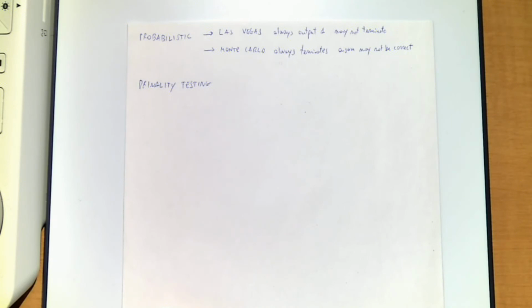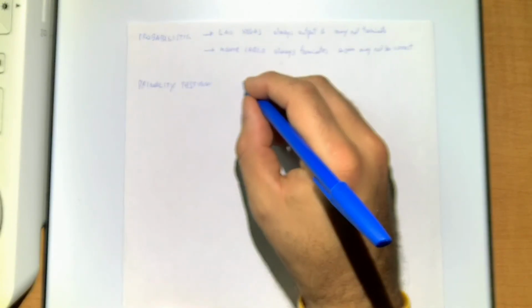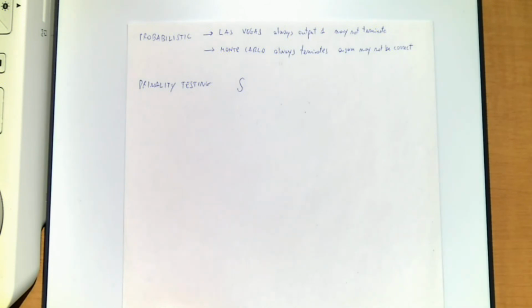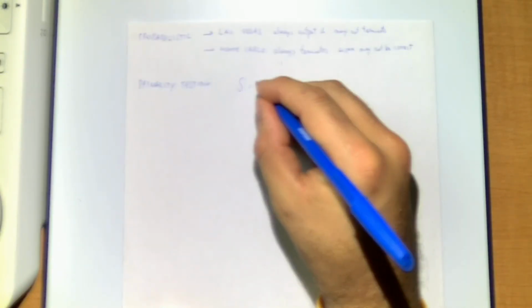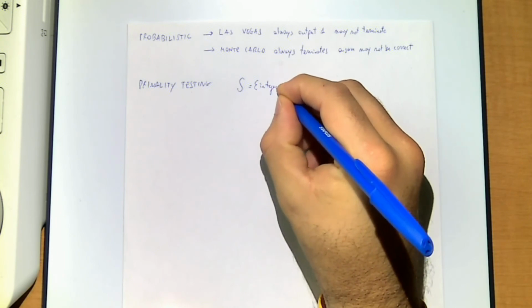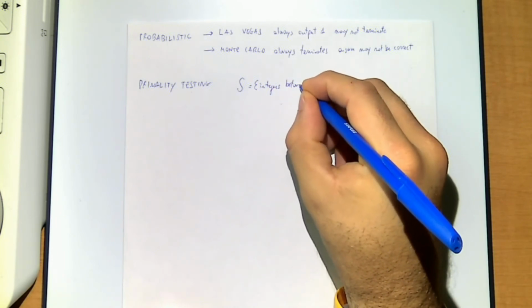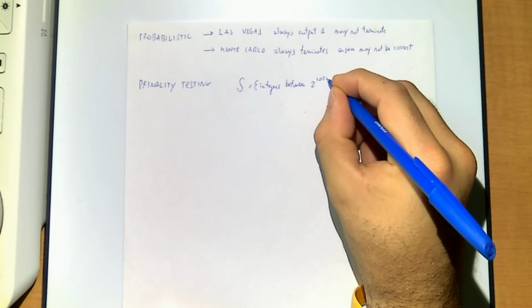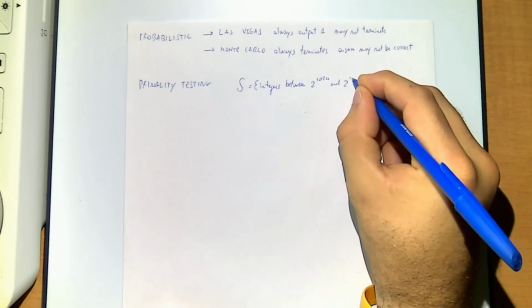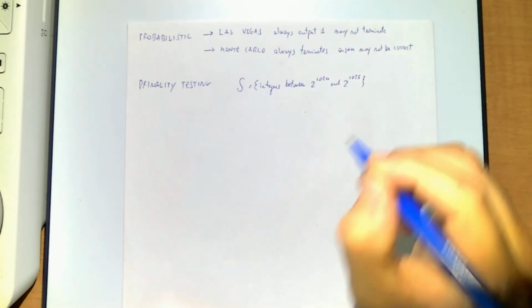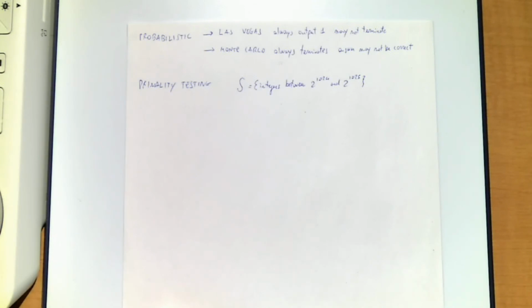So suppose that now we have a set of integers S, a very large set of integers, for example the set of integers between, say, 2^1024 and 2^1025, which is like those for RSA, or at least one version of RSA.